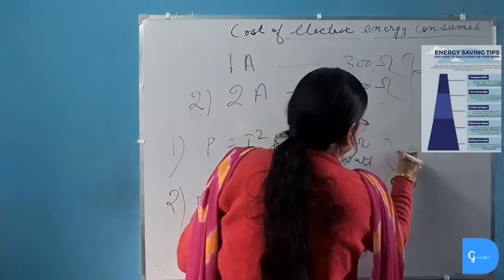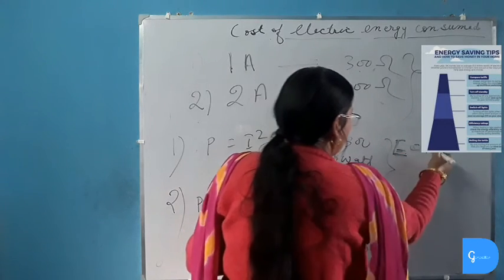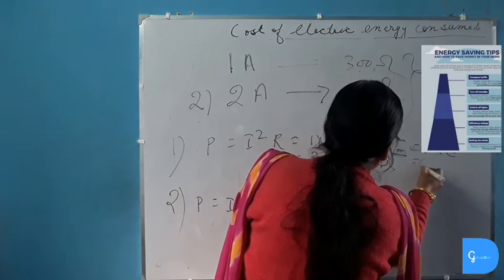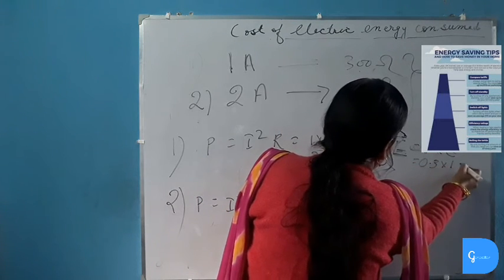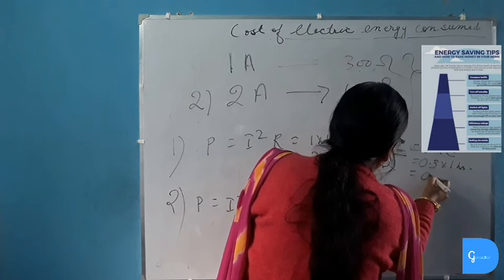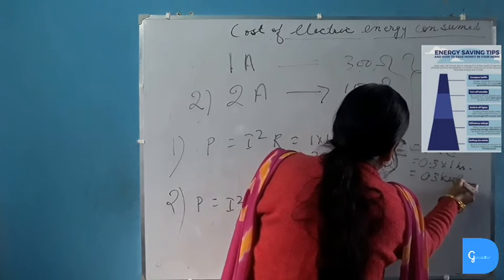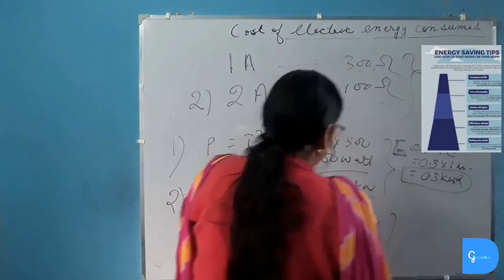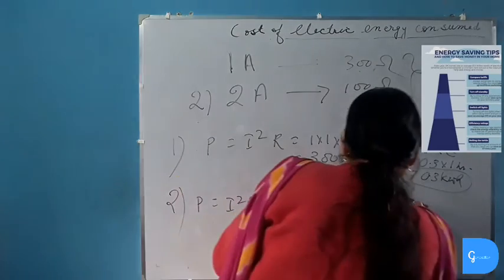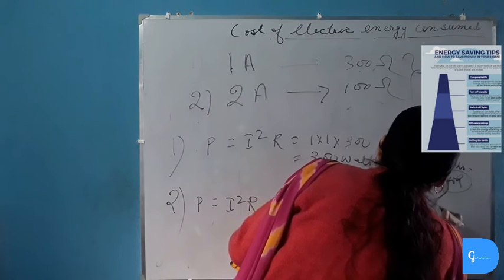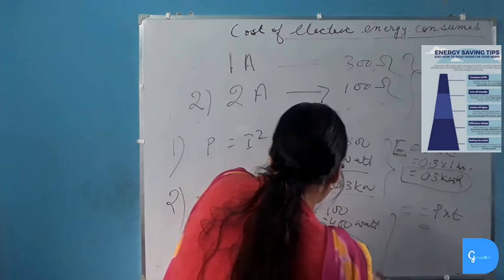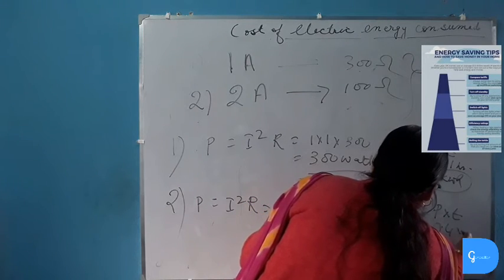So what will be the energy consumed? Energy consumed will be P into T. Power is 0.3 kilowatt into 1 hour is equal to 0.3 kilowatt hour. So the energy consumed in the first case is 0.3 kilowatt hour. In the second case, energy will be power into time, where power is 0.4 kilowatt and time is 1 hour.